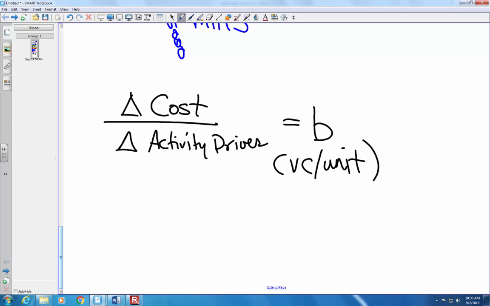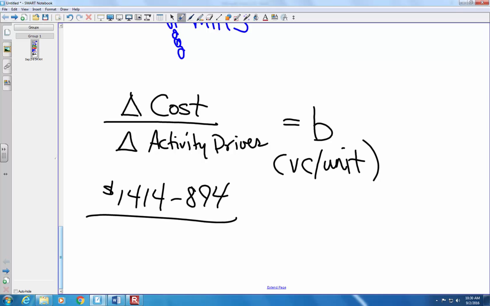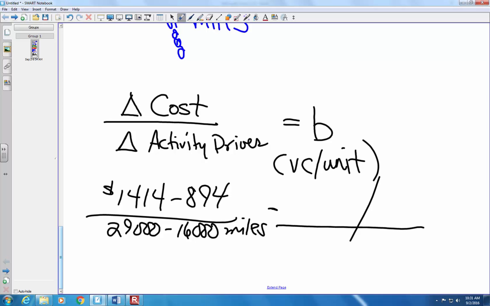So the difference in the cost... get me this number, please.